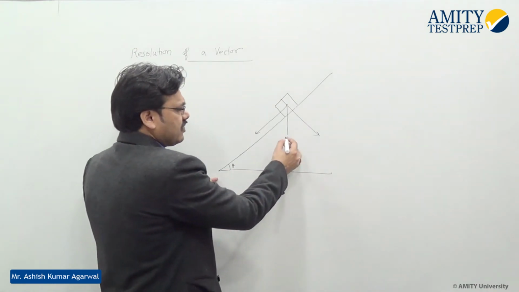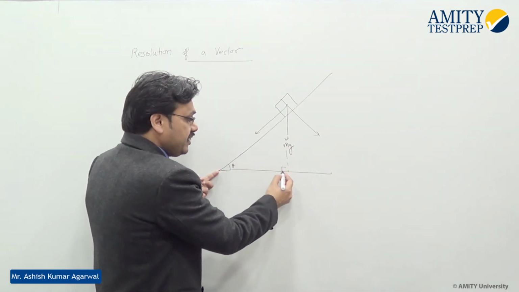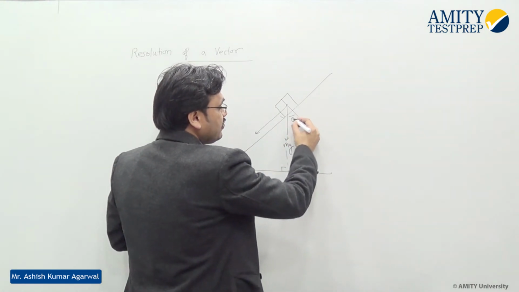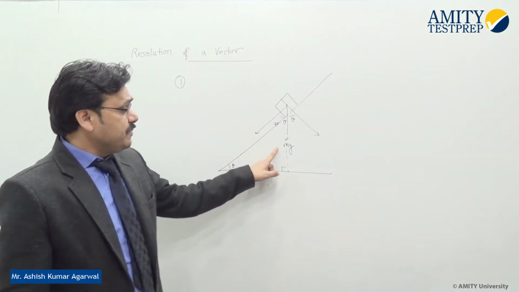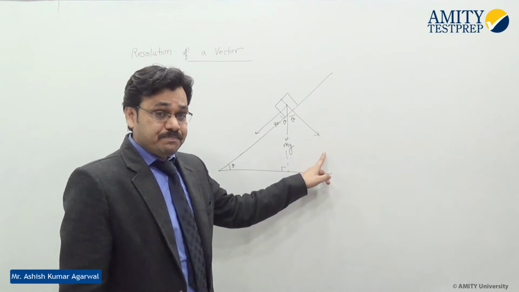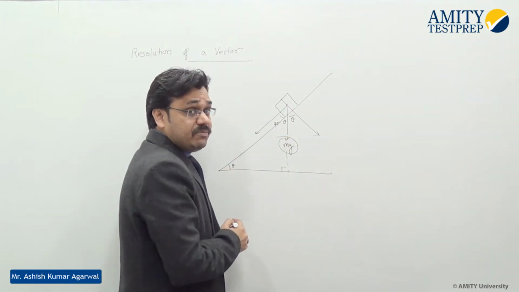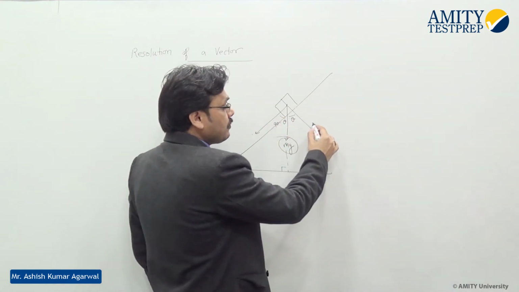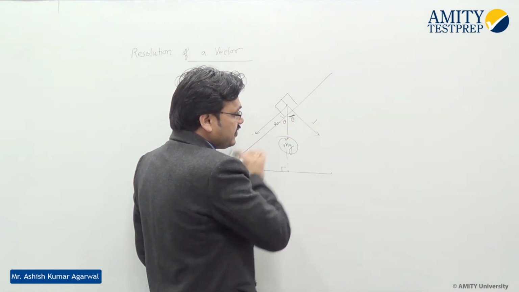If you see by trigonometry, if this angle is theta, then this angle should be 90 minus theta, and this angle will be theta. Clearly, mg makes angle theta with the normal. So if you want to resolve this mg along the plane and normal to the plane, you can see mg makes an angle of theta with the normal.